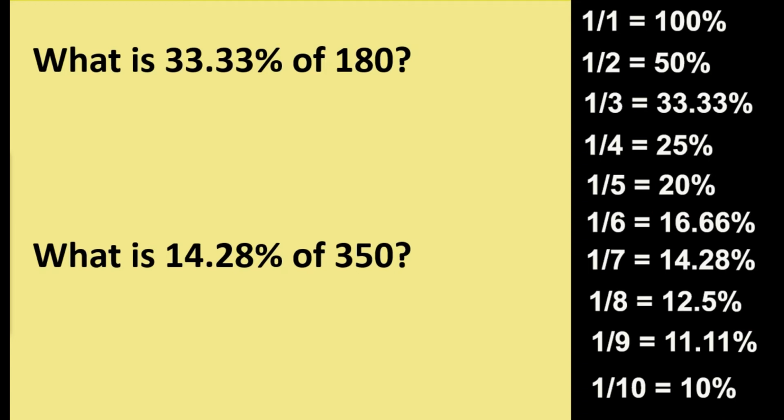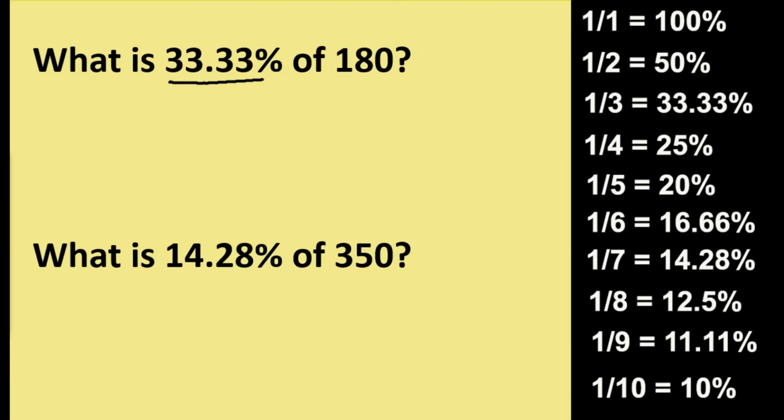Where is this useful? Let's have a question. You will find this question in a lot of aptitude examinations. Example: what is 33.33 percentage of 180? If you don't know any of this table, you would use the elaborate method, 33.33 divided by 100 into 180.